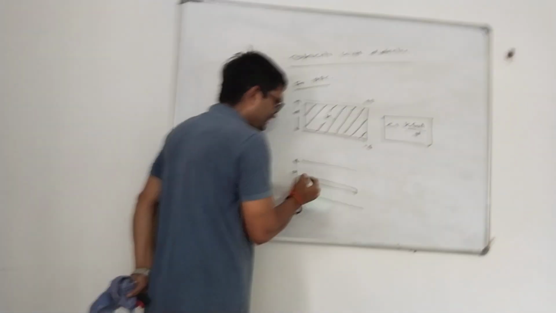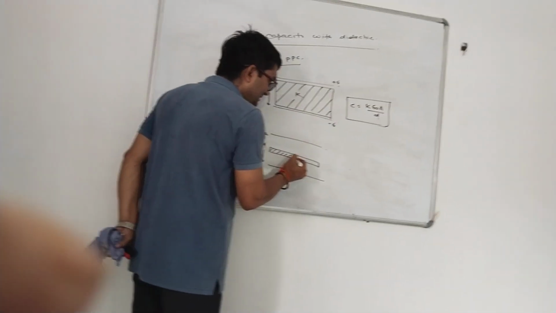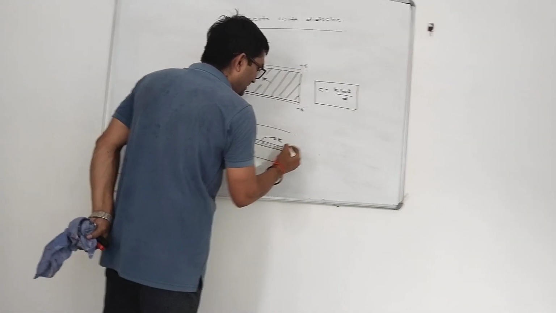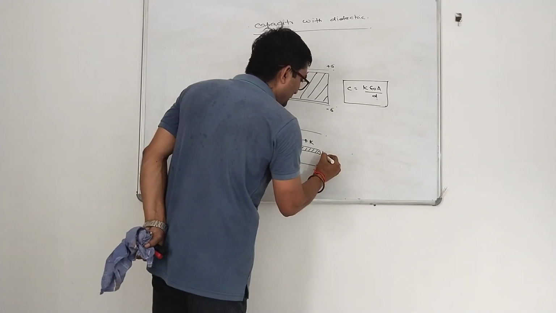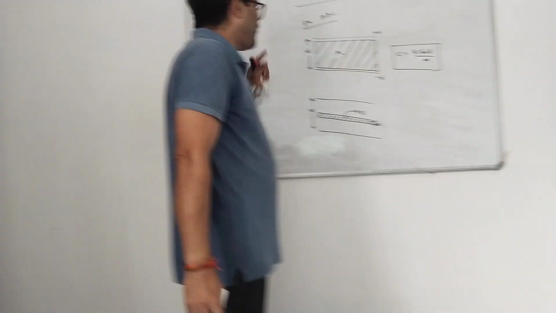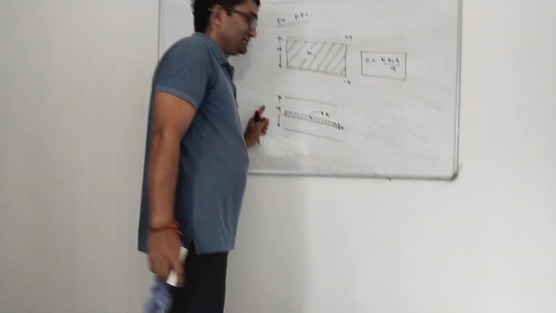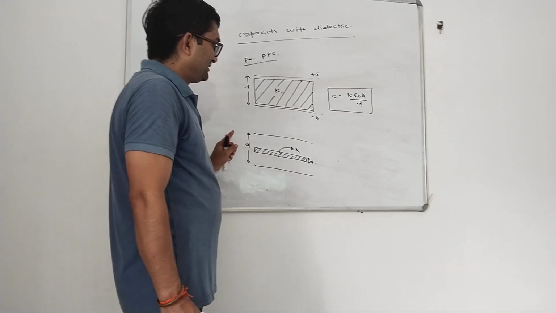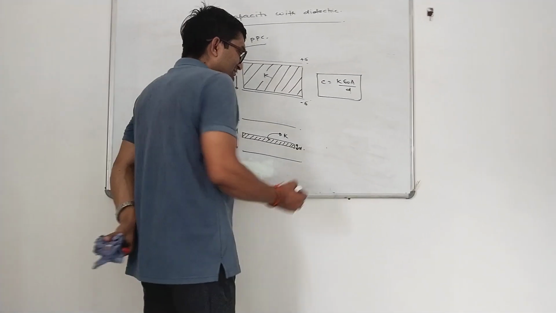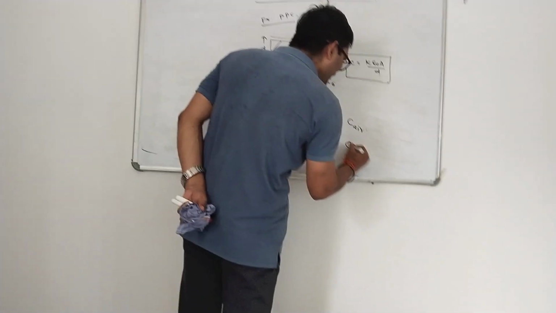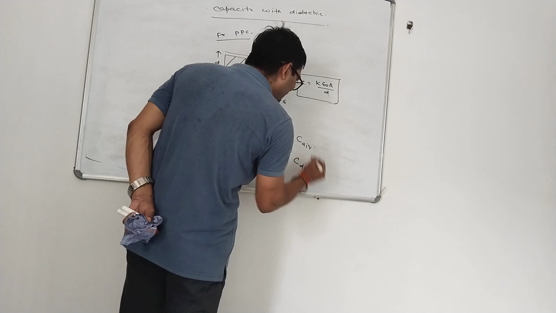But in this case, the dielectric constant is K, and the thickness of the dielectric is T. In that case, it forms two capacitors. The first capacitor is an air capacitor, and the second one is with the dielectric.